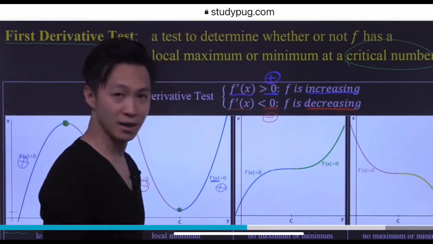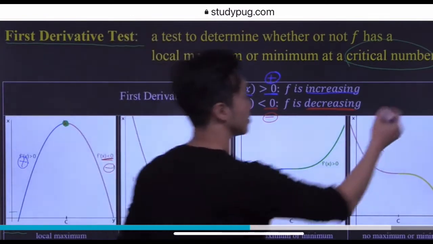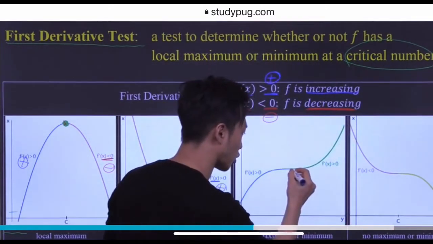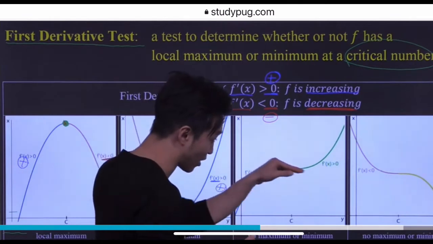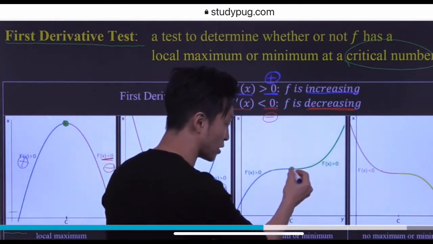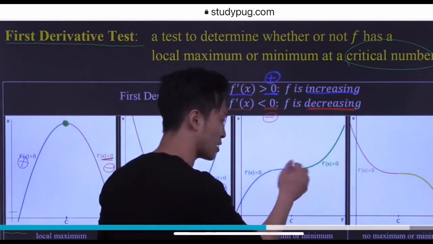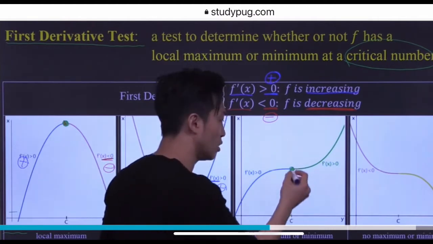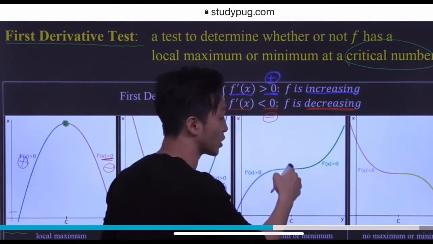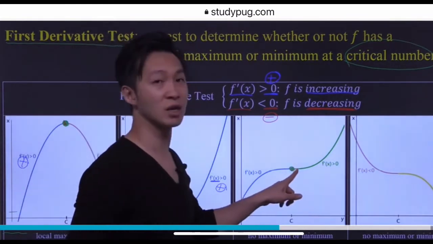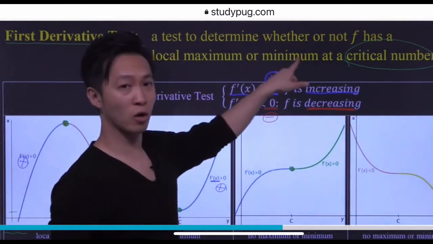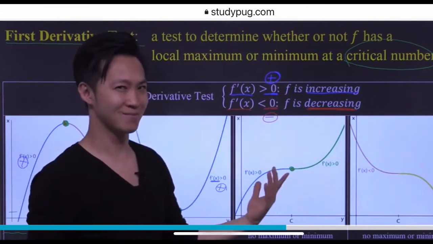Okay, now, in the third case here, we can see that, now look, we once again have a critical number right here, right? Because as you can see, the graph kind of flattens out momentarily at this point, right? So the slope of the tangent line at this point is equal to 0. So if the first derivative is equal to 0, then we consider this a critical point as well, right? Now in this case, would this critical point give us a local maximum or local minimum, or neither? Let's see, right?